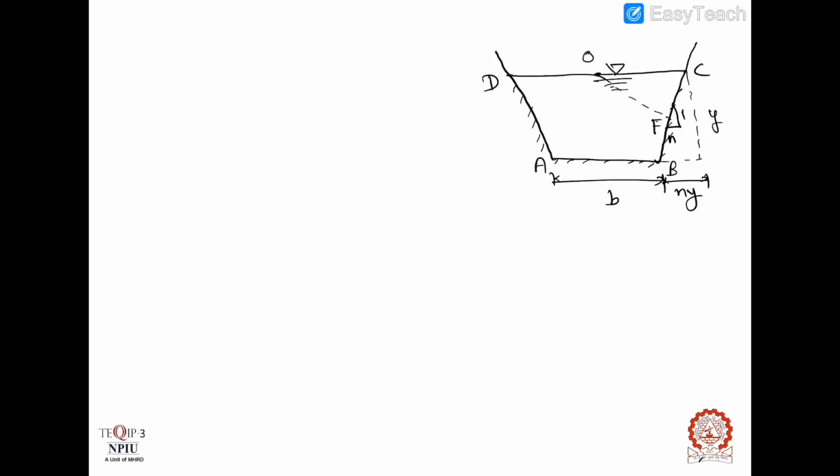Okay. So in this right angular triangle OFC, and let's take this angle theta. The side slope we are taking as theta, so this will also be equal to theta.